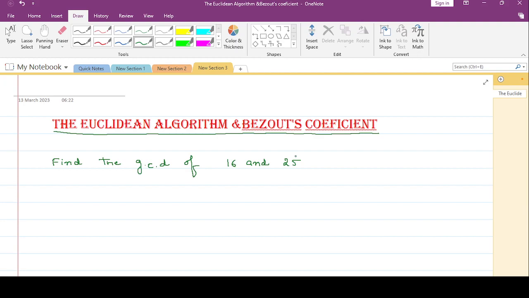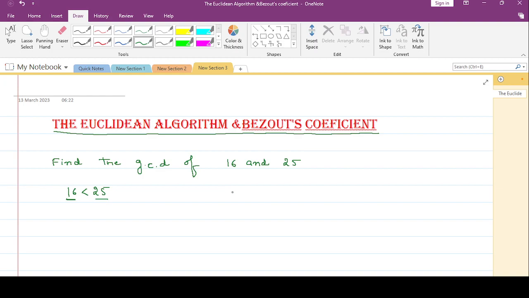Okay, we want to check what is the GCD of 16 and 25. So see here clearly 16 is less than 25. Okay, so what you do, you divide 16, sorry, you divide 25 by 16.